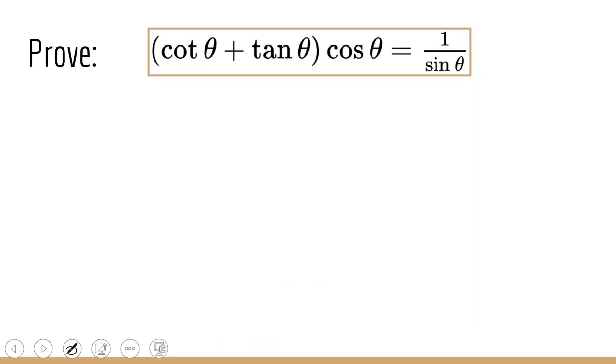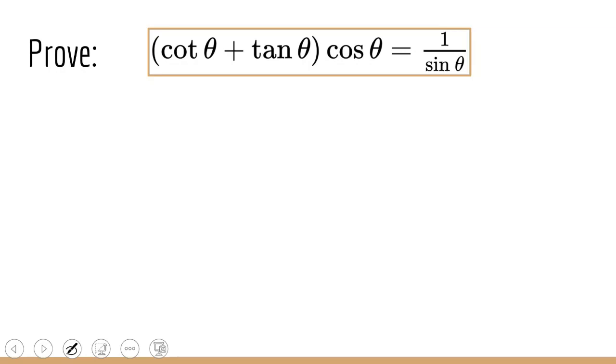Firstly, proof over here. Prove that cotangent theta plus tangent theta, times cosine theta, is equal to 1 over sine theta. Okay. Firstly, we can recall that tangent is just sine theta over cosine theta, and so cotangent will be the reverse.